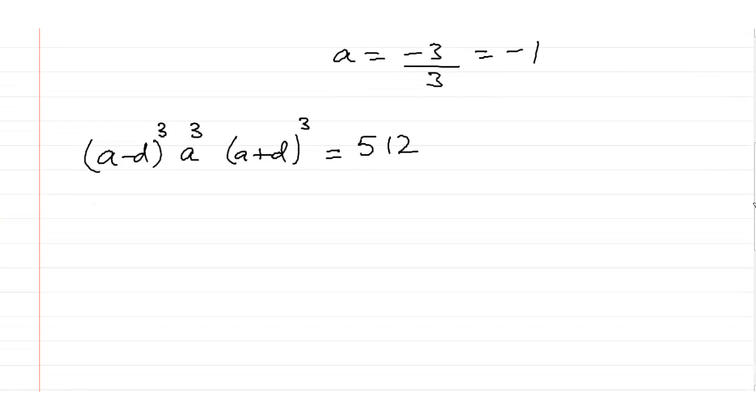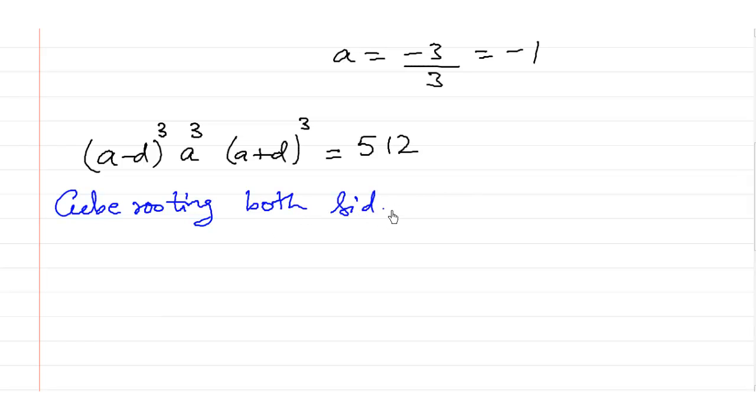Since 512 is a perfect cube, we can cube root both sides. Remember, you can only cube root both sides if there is a multiplication and not addition or subtraction. That would be illegal. So a minus d into a plus d is equal to the cube root of 512, which is 8.